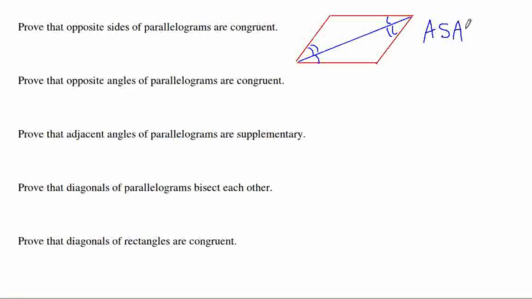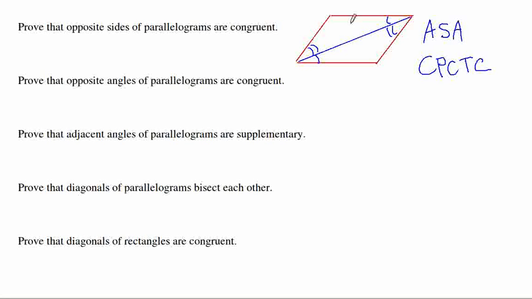Also, remember that congruent triangles have all corresponding angles and all corresponding sides congruent. I often refer to that by the acronym that I pronounce KIPTIC. That stands for congruent parts of congruent triangles are congruent.